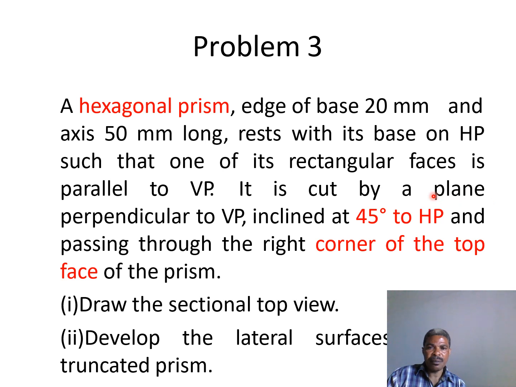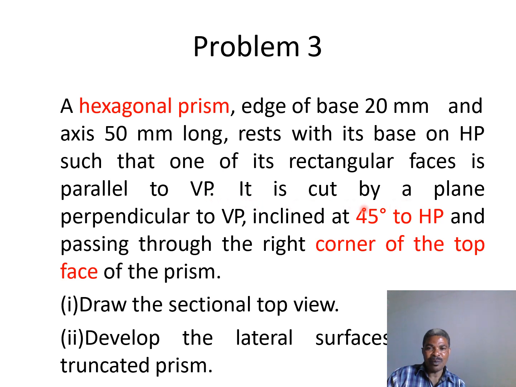See another problem: a hexagonal prism with the edge of base 20 millimeters long and axis 50 millimeters long. This prism rests with its base on the horizontal plane such that one of its rectangular faces is parallel to the vertical plane.